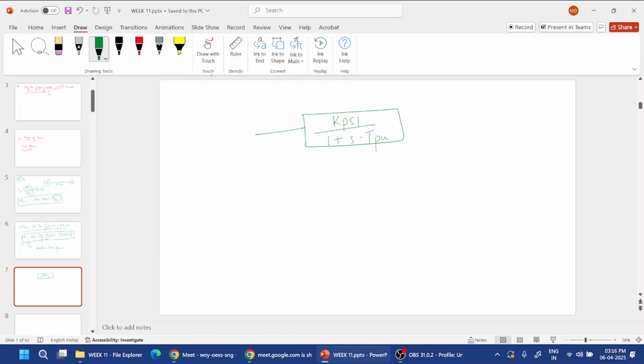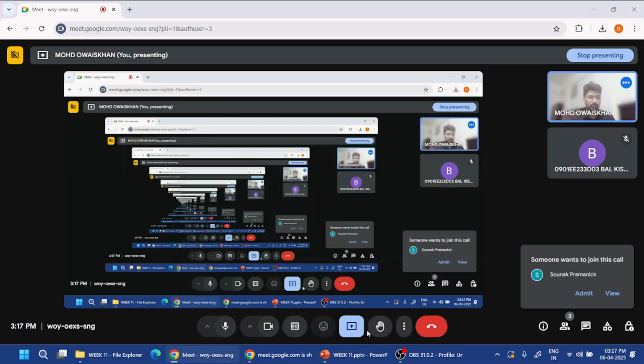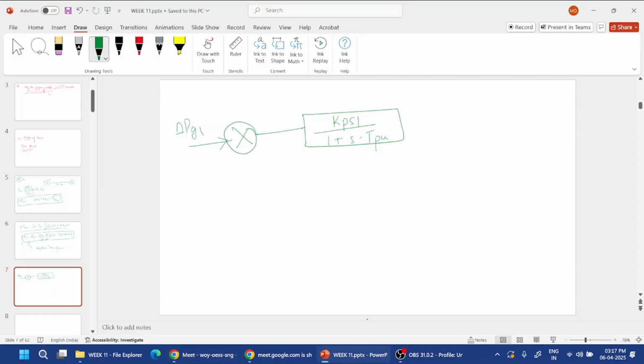This is the block diagram we developed last time, with del Pg1, del P tie, and del PD. Based on that we calculate the del Fs. Okay, if we know these things, we can calculate the change in the frequency.